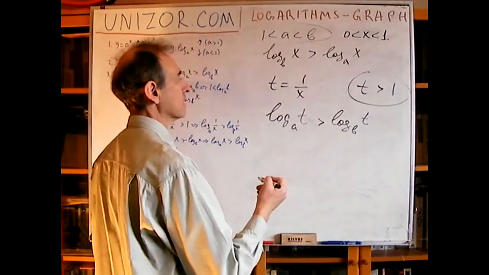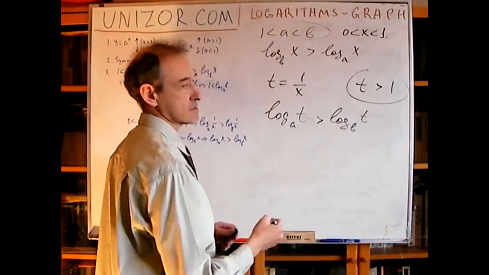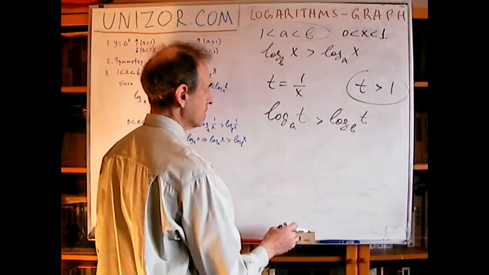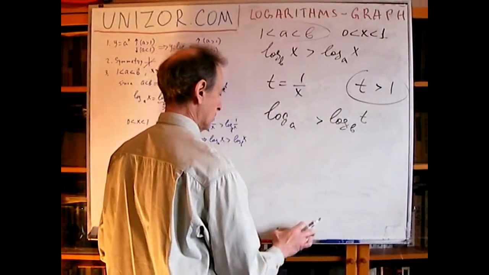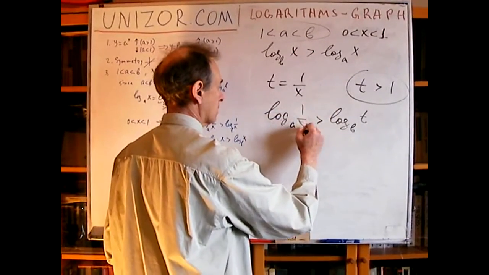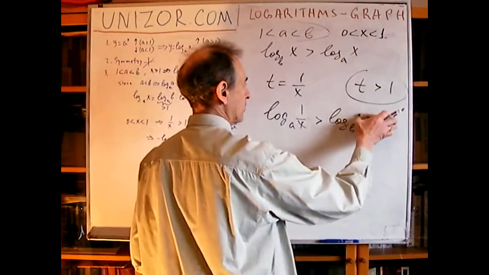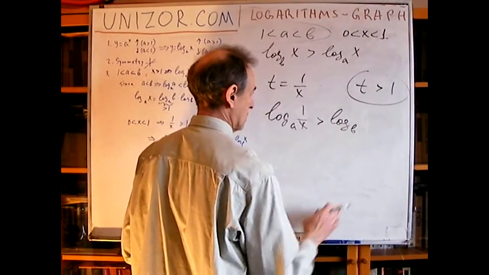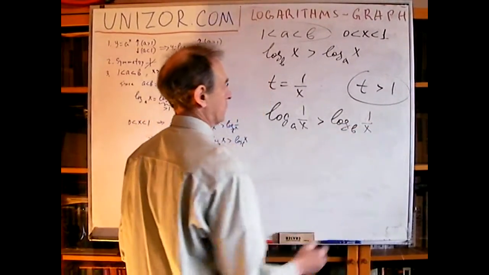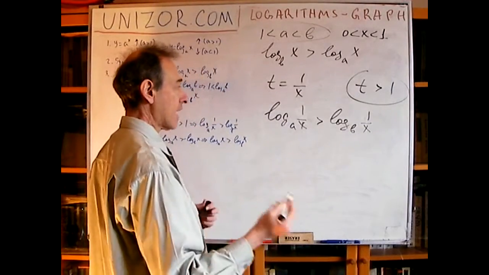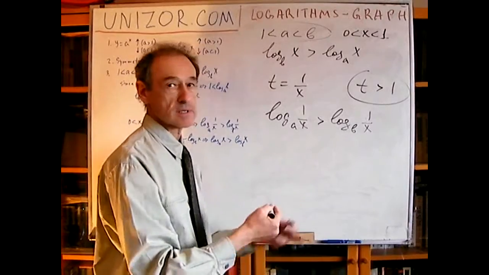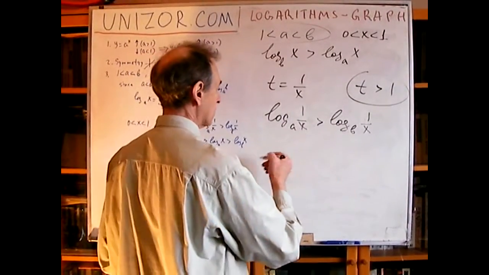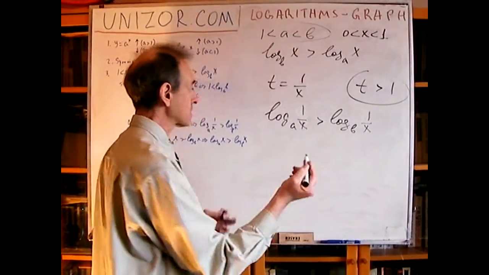But now let's think back to the x terminology, what is t? T is 1 over x, right? So let's replace it with this, and let's replace it with this. And now let's remember that the logarithm of 1 over x is minus logarithm of x, right? That was one of the properties in the previous lecture.